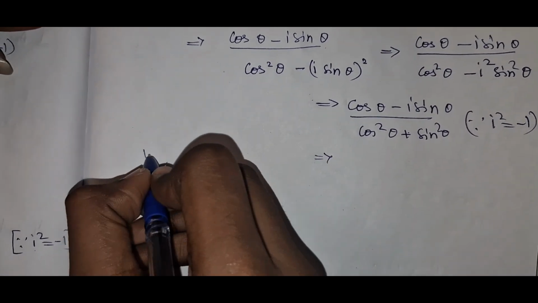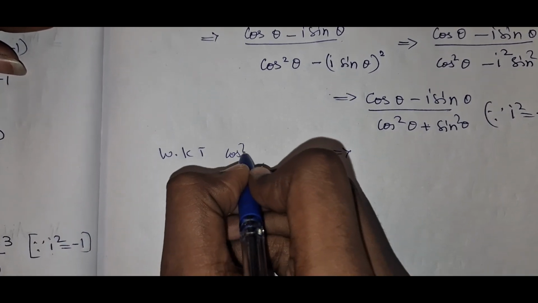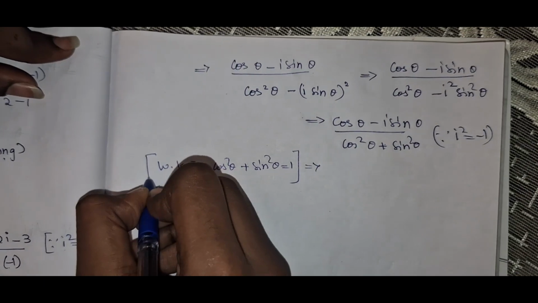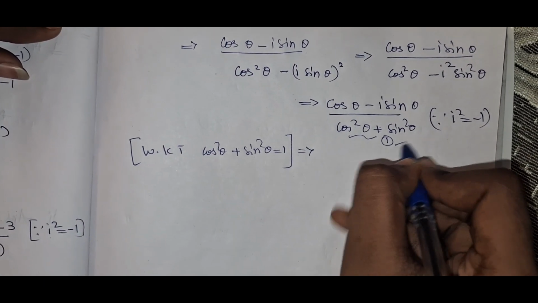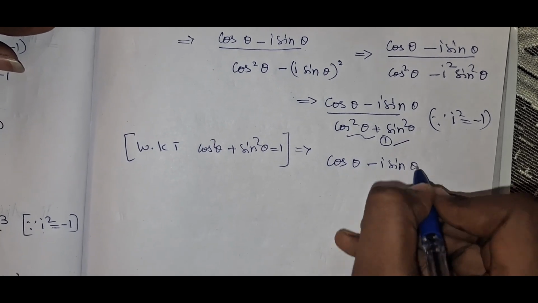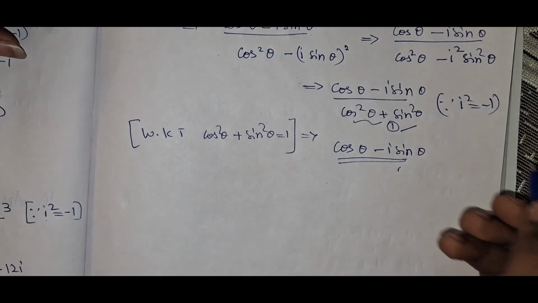We know that cos square theta plus sin square theta is equal to 1. Therefore this value is 1. So we get cos theta minus i sin theta as the value of 1 by z.